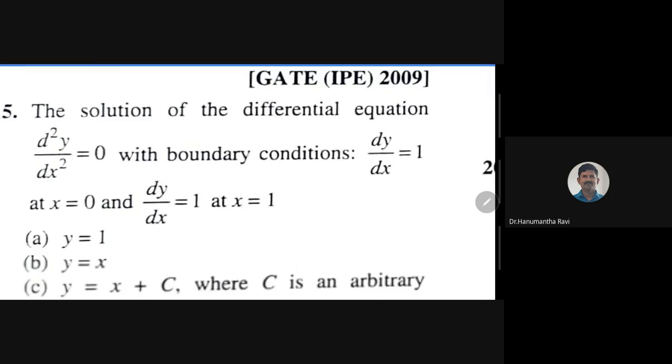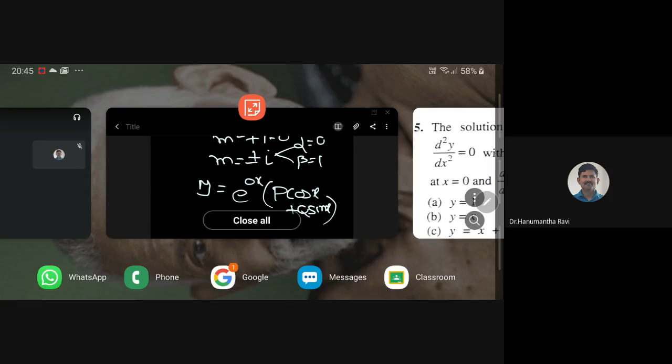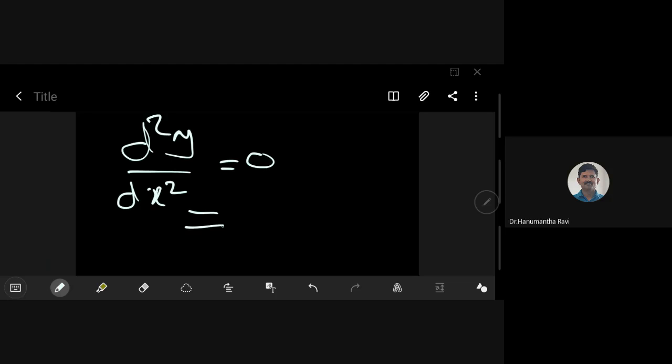D square y by dx square is 0, this implies you can write dy by dx equals some constant a. Again, if you integrate one more time.